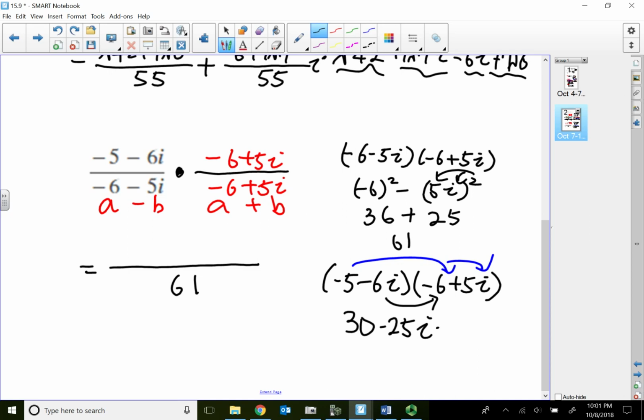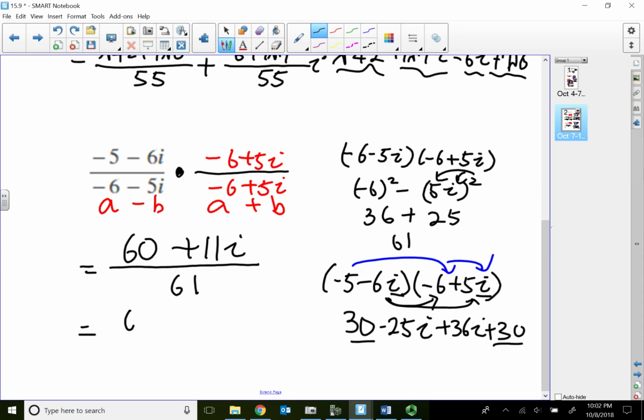Inner is positive 36i. All right, the last one: negative 6i times positive 5i. Negative 6 times positive 5 is normally negative 30, right? But i times i will make my negative 30 into positive. So combining like terms, that's going to be 60. Negative 25i plus 36i is positive 11i, I believe. That'll be 60 plus 11i.